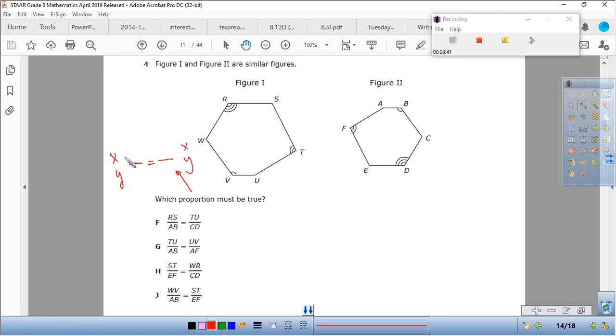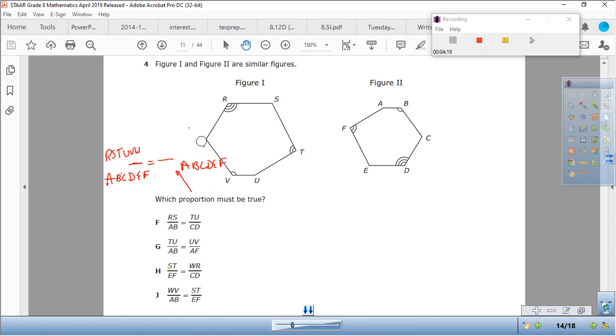If you look at this, these x's have to come from one figure, so we'll go from R, S, T, U, V, W. And this one better be from R, S, T, U, V, W. On the one over here, the angles are going to be A, B, C, D, E, F. This one better be from A, B, C, D, E, F. Can you switch them around? Yes. So now you figure out which ones go with which ones.